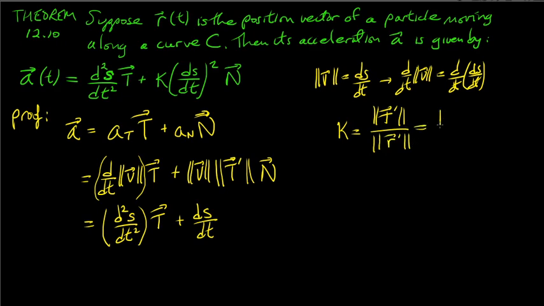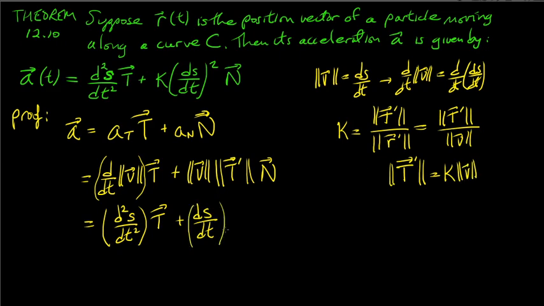And of course, the denominator is just the magnitude of the velocity, v. So if I multiply by the speed, then the magnitude of T prime is just equal to kappa times the magnitude of v, the speed.